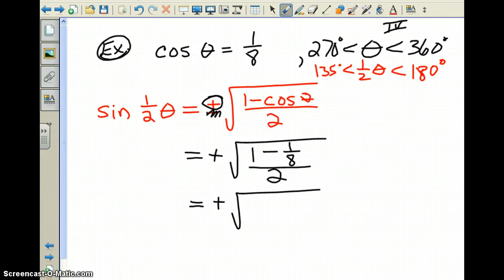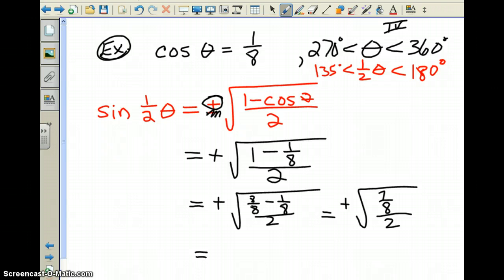When I do 1 minus 1/8, that's actually going to be 8/8 minus 1/8 all over 2, which will turn into 7/8 all over 2.